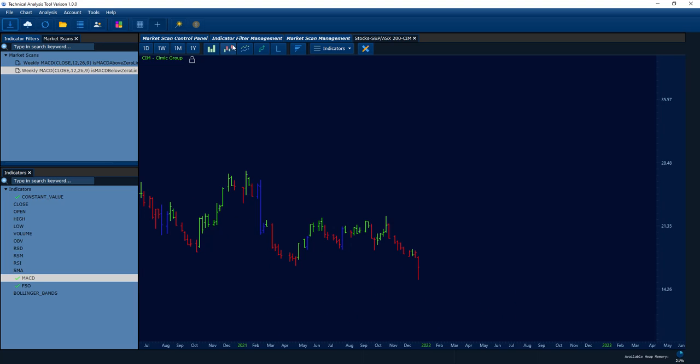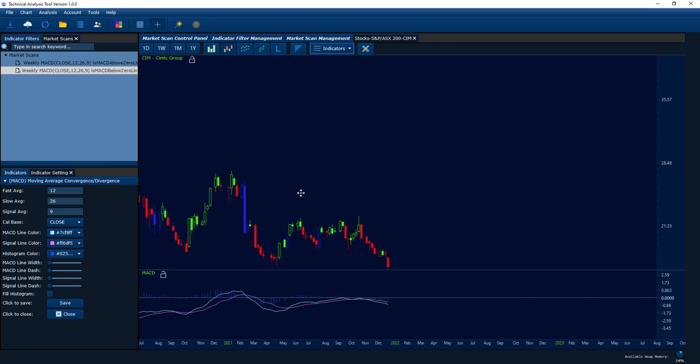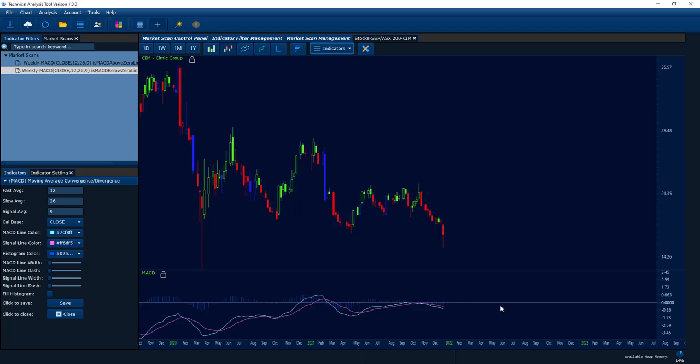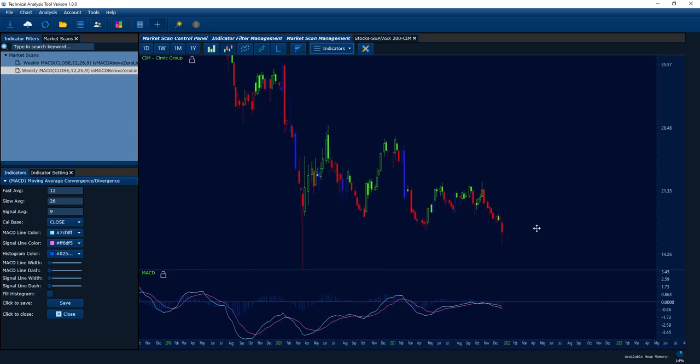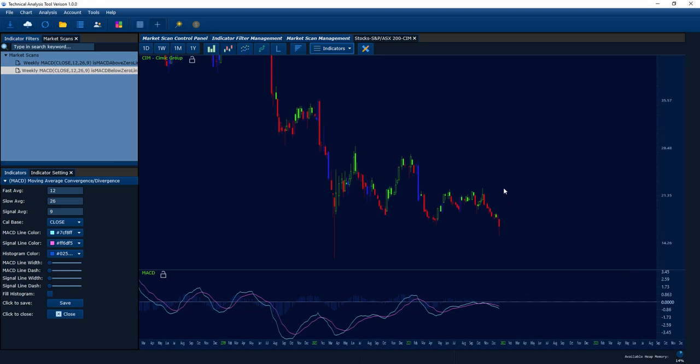All right, let's take a look at this result. Yet again, the MACD line stays below zero, and also the MACD line, the light blue line, is below the pink line, the signal line. That's another result from that market scan.